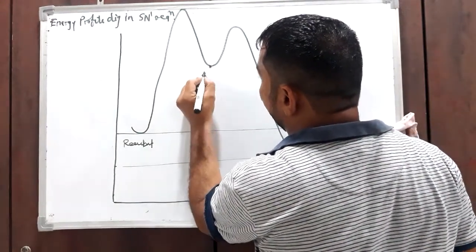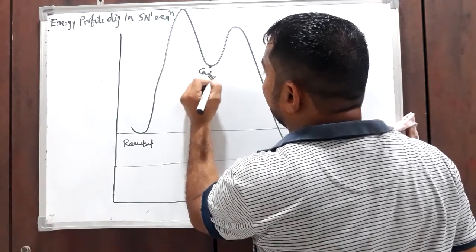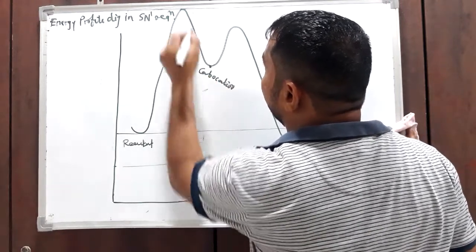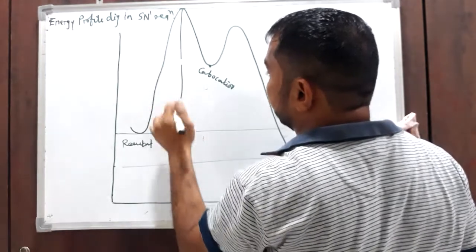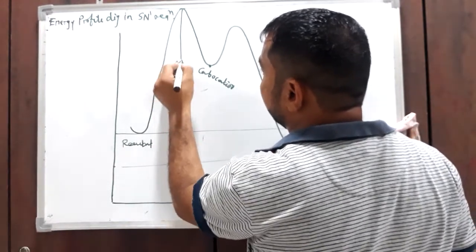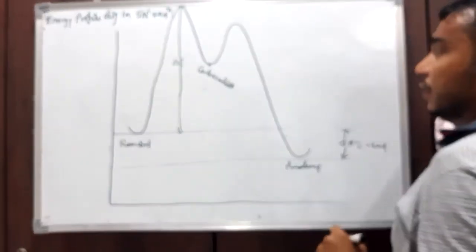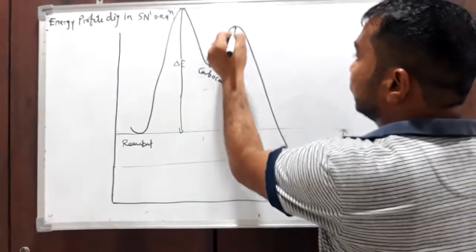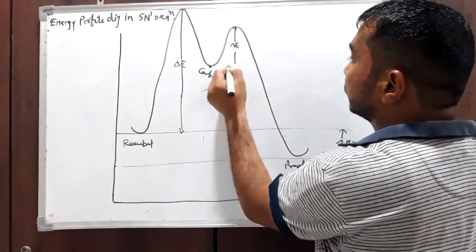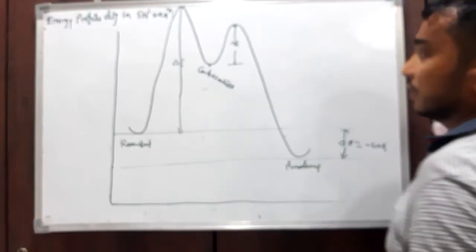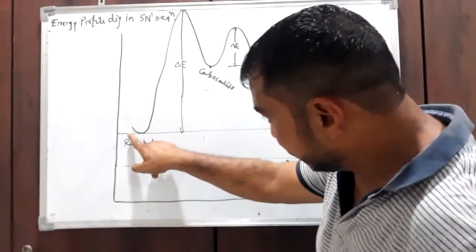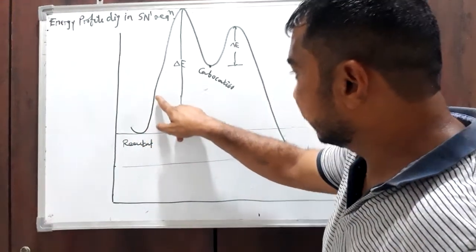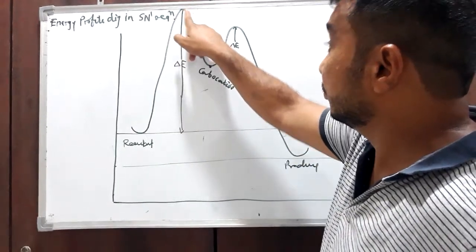This point represents formation of carbocation, transition energy, and one more transition energy, two transition steps. Here the C-Br bond will start breaking, then break.